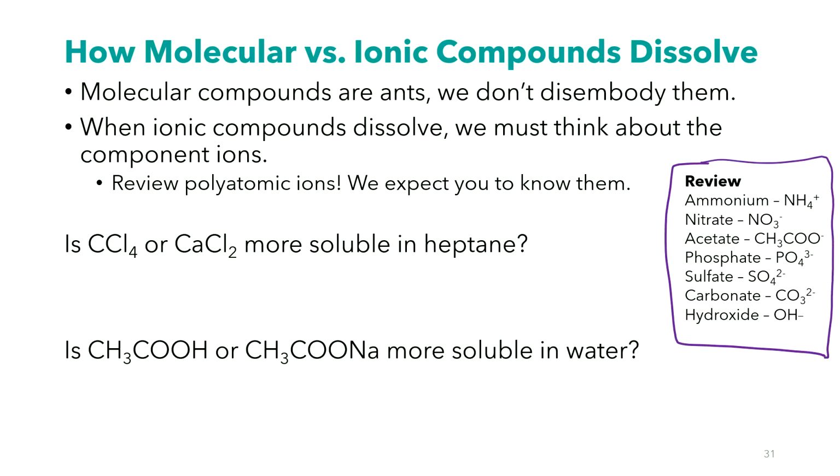So that if I said, hey, I have ammonium nitrate, what's that going to dissolve into? You could remember what ammonium is and what nitrate is, and you'd say, oh, when ammonium nitrate dissolves, that means I'm going to have NH4 plus ions getting solvated by water, and I'm going to have NO3 minus anions solvated by water. Okay, they have to split apart when they go into solution.